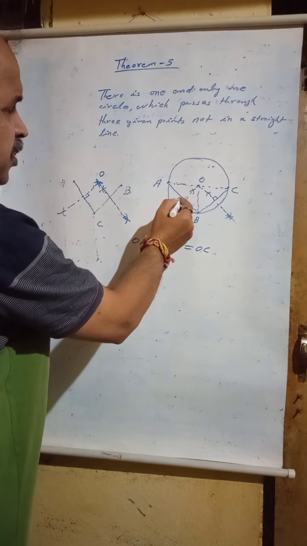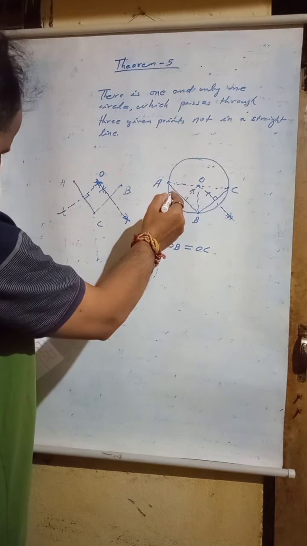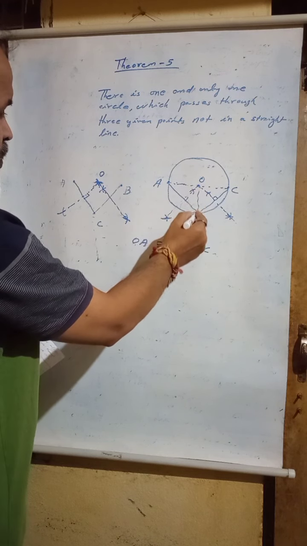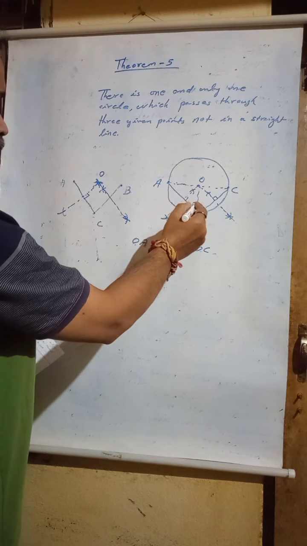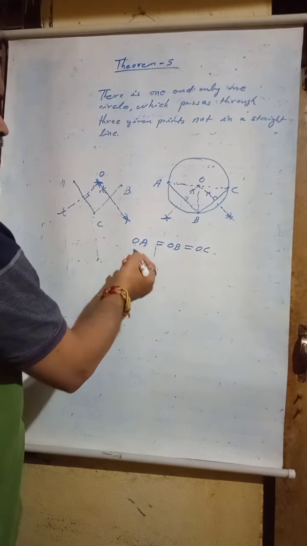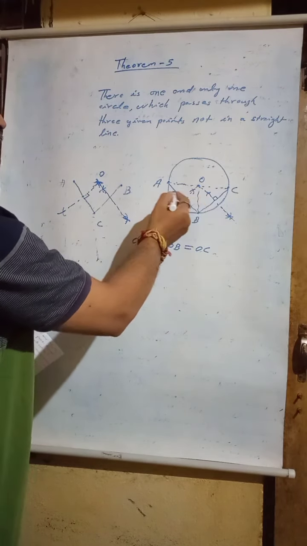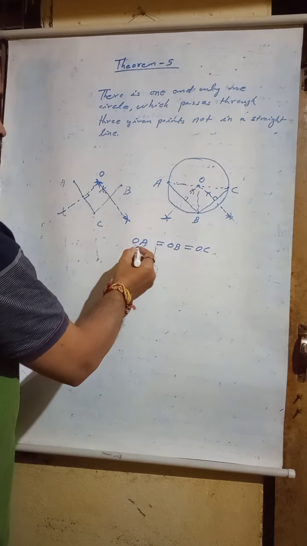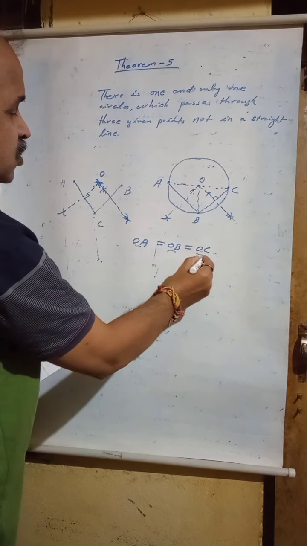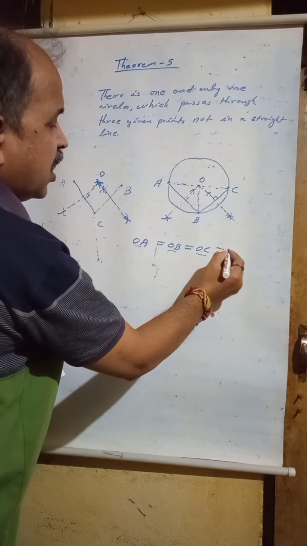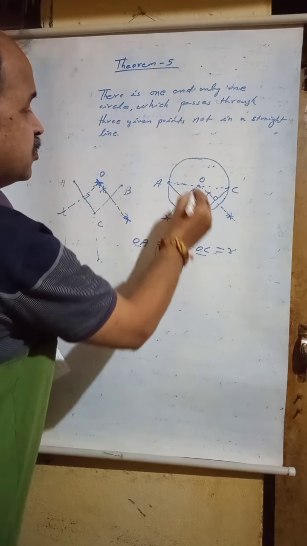O is on the line of the perpendicular bisector. So OB equal to OC, that is what I have written. OB equal to OC, perpendicular bisector. So now you are getting that OA equal to OB equal to OC is equal to R, that is the radius of the circle.